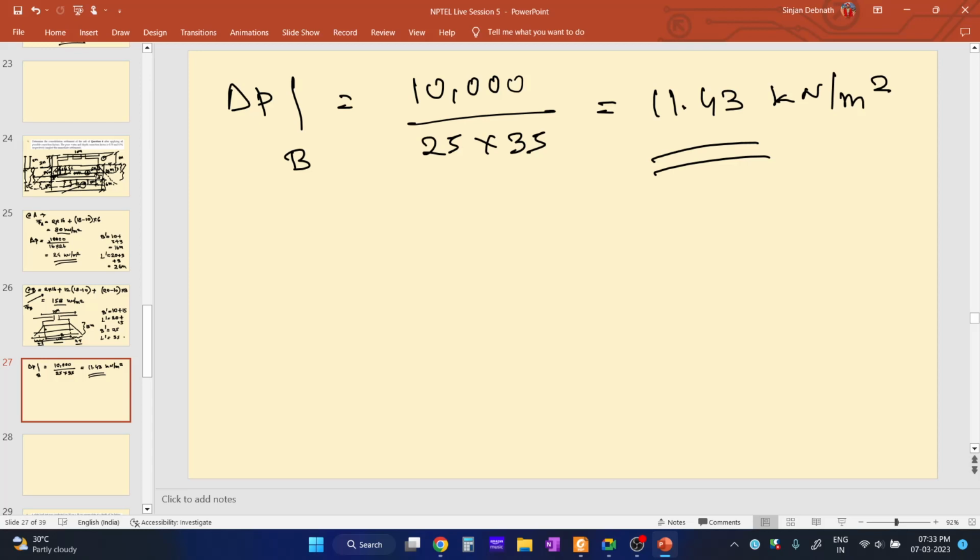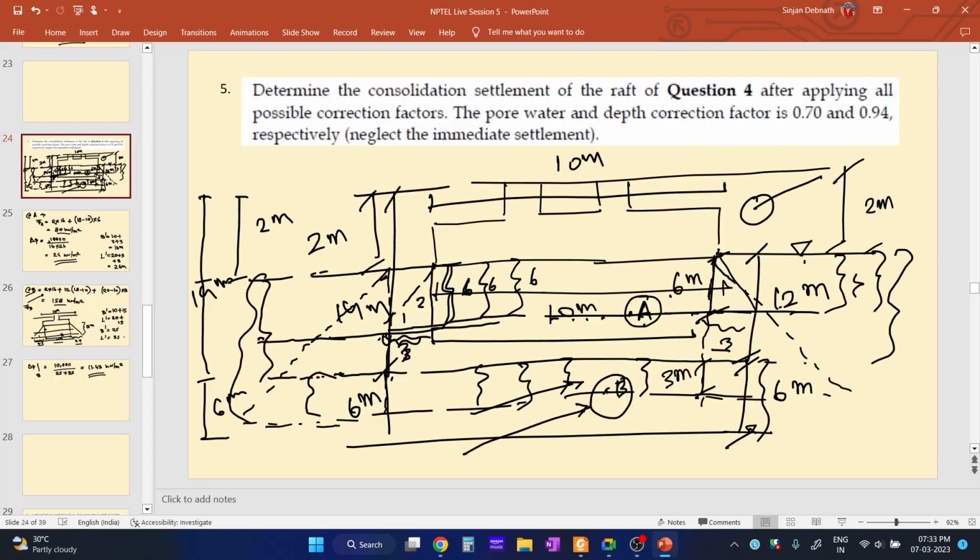So now we have found out all the parameters. Now we just need to put everything into the equation. We have the effective overburden pressure and the additional stress caused due to 10,000 kilonewton at point A, and we also have them at point B. So we need to find out the consolidation settlement.